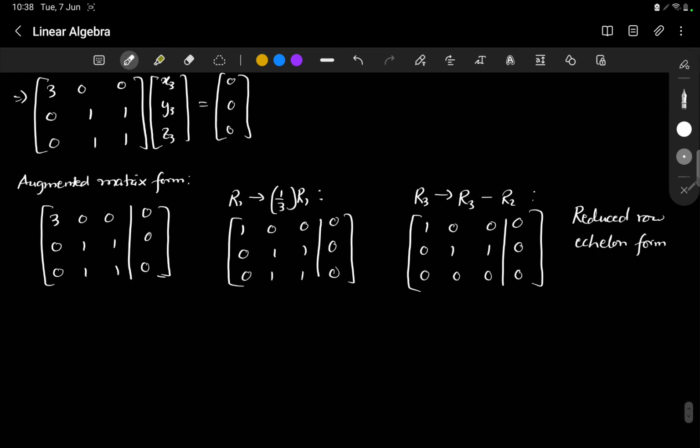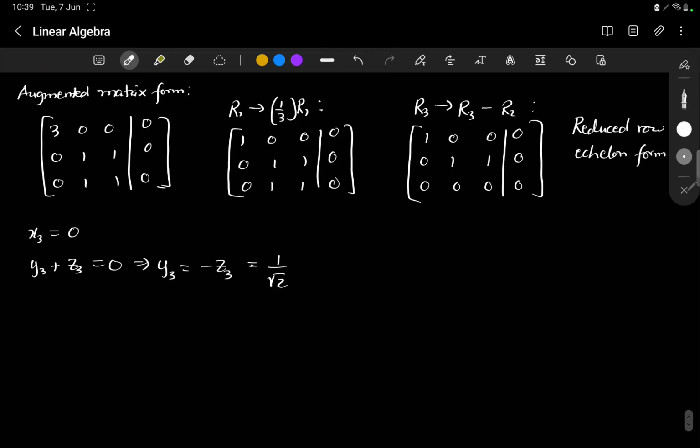And the solution to this would be as follows. And again we can set this to any constant value, and for normalization purposes we will set it to 1 over square root 2.